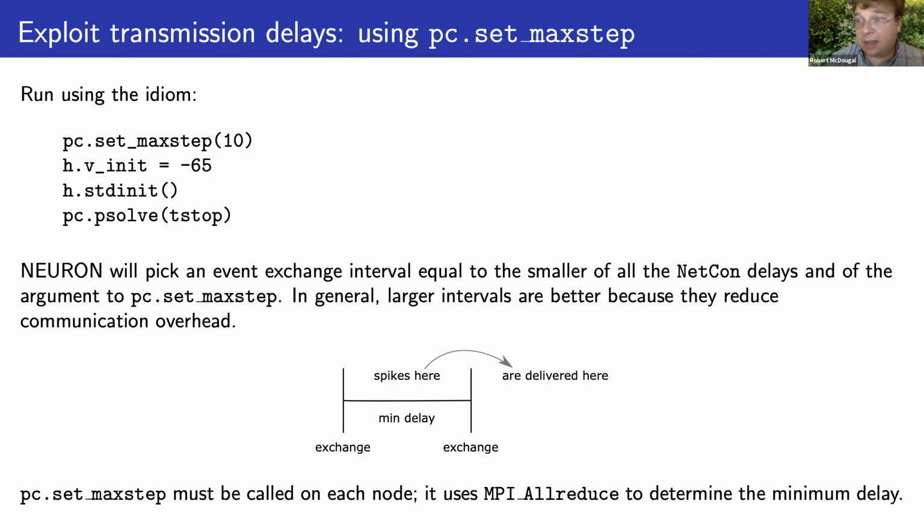So Neuron will take the minimum of whatever your set maxstep value is and the synaptic delay. So we have to set the maxstep whenever we run it, and then we run with psolve. We do not use continuerun because psolve sets up the infrastructure, does all the communication to figure everything out. So every individual process is going to be using a set maxstep and a psolve.